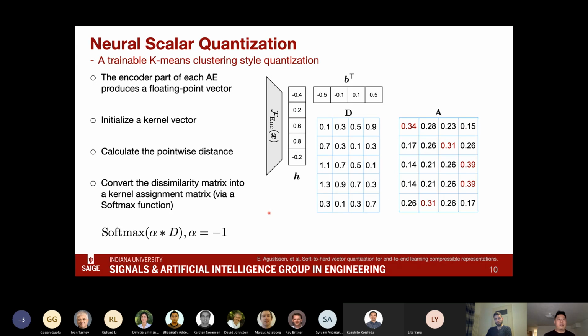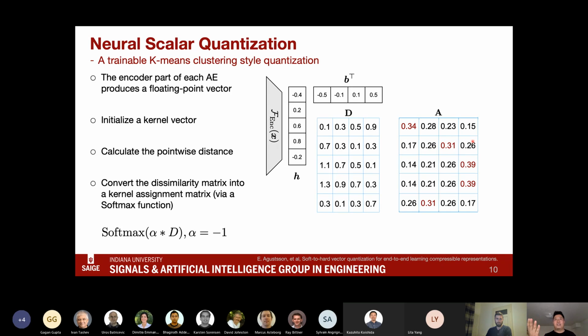One way to do so is to increase the absolute value of this scalar alpha. As you can see, if alpha is -1, the probability is this. If I choose the one with the probability 0.31 over 0.26, it is correct, but the model is confused.